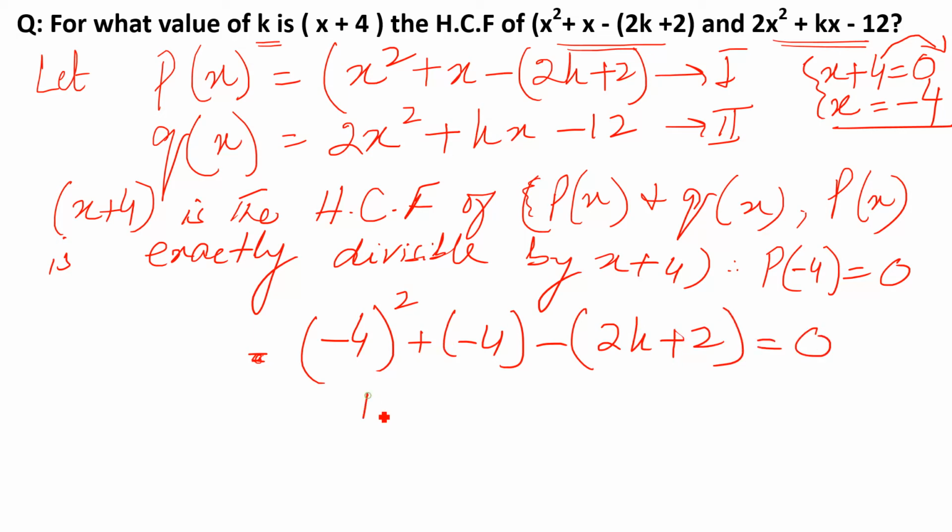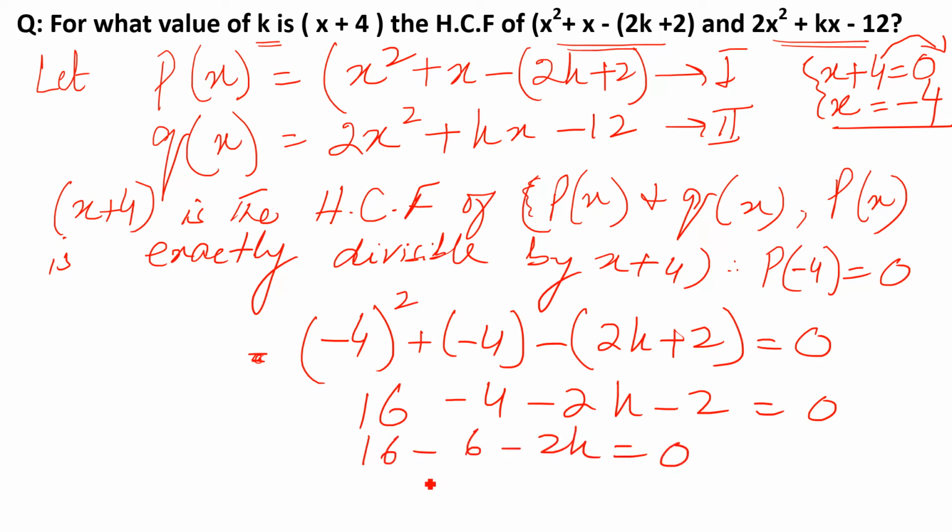So 4 multiplied by 4 is 16, minus 4 minus 2k plus 2. It is negative 4 and positive 2, so it will be 16 minus 2, which gives 14? Following the recording: 16 minus 6 minus 2k is equal to 0, or 10 minus 2k is equal to 0.